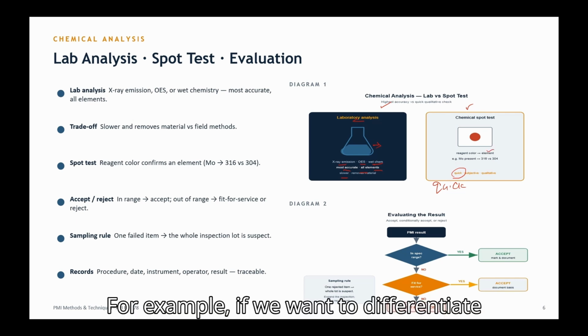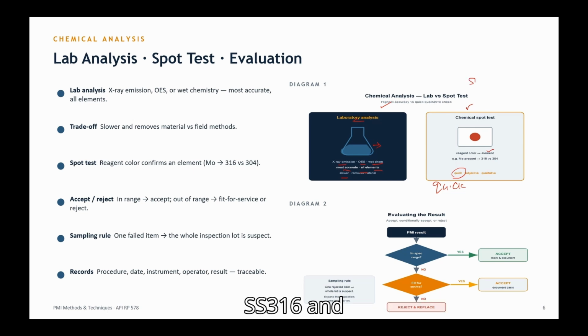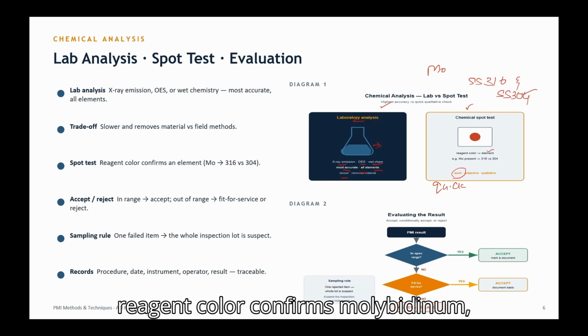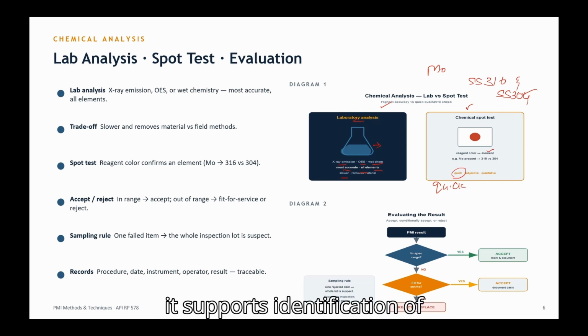For example, if we want to differentiate SS316 and SS304, we can check for the presence of molybdenum. SS316 contains molybdenum, but SS304 normally does not contain molybdenum. So, if the reagent color confirms molybdenum, it supports identification of 316 over 304.